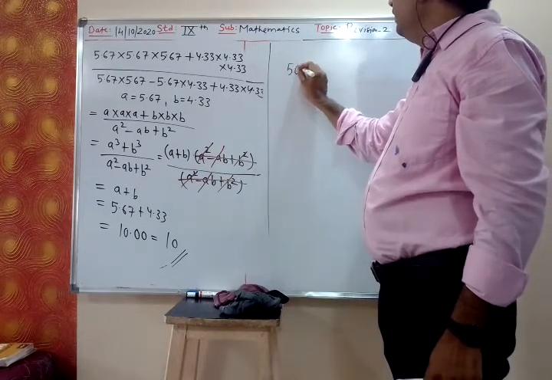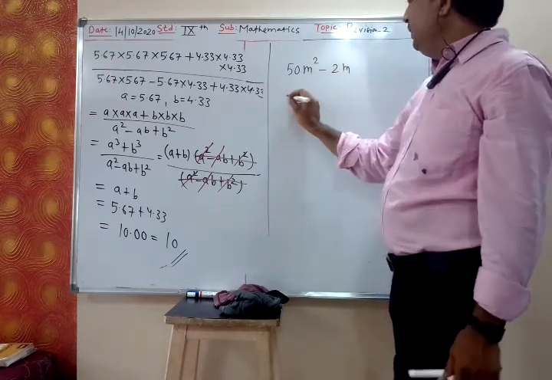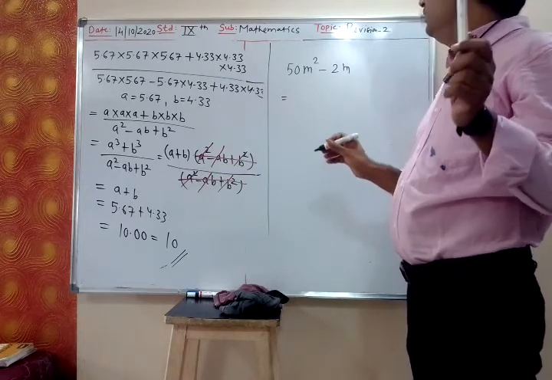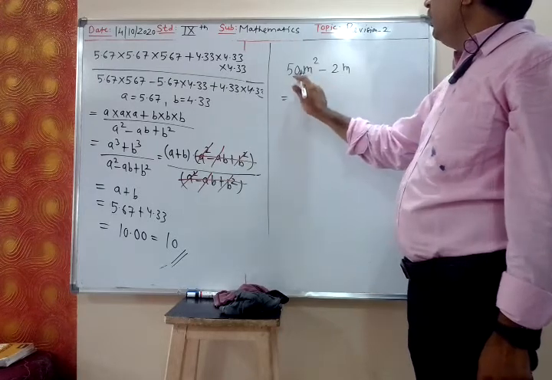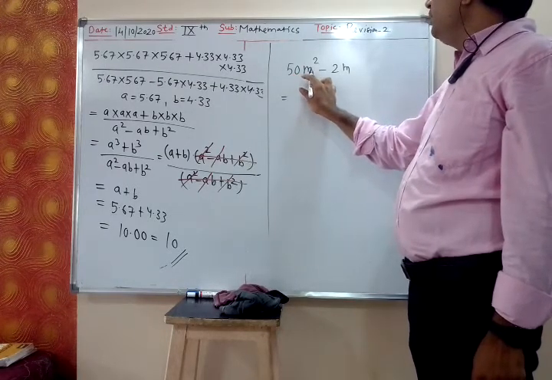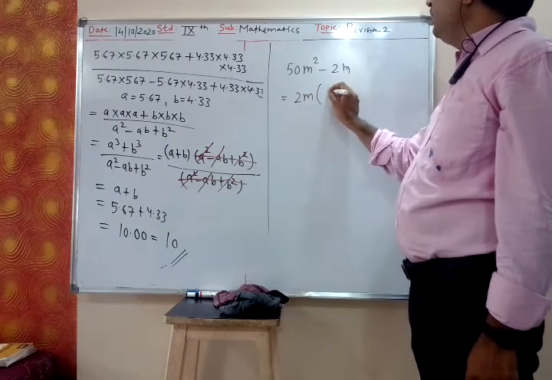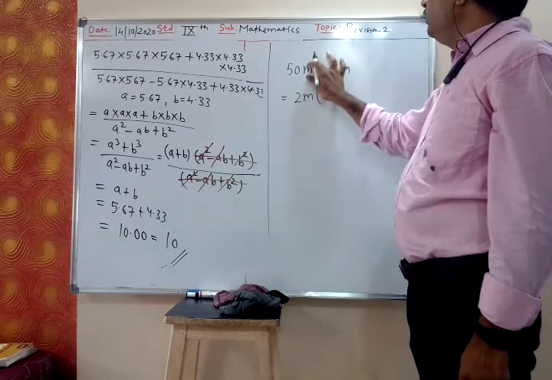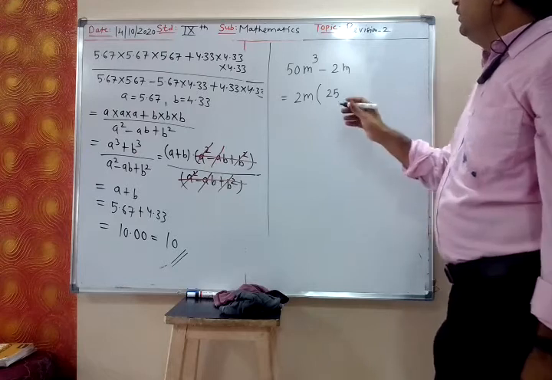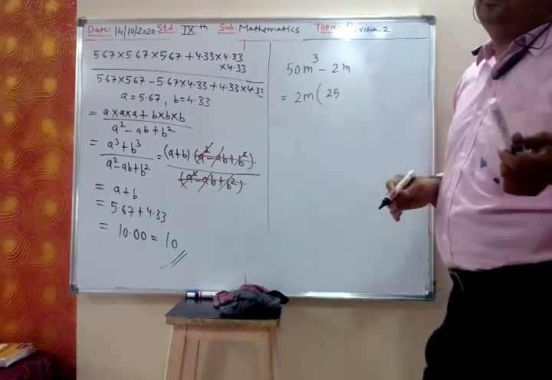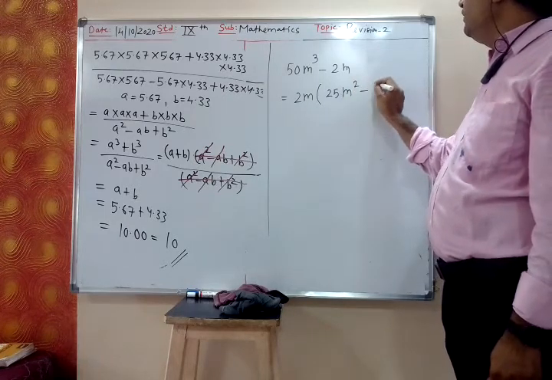50 m square minus 2m. Wait. No, it is m cube. 50 m cube minus 2m. What is common in them? 50 m cube and 2m. 2m is common. Then what is left? 25 m square minus 1.